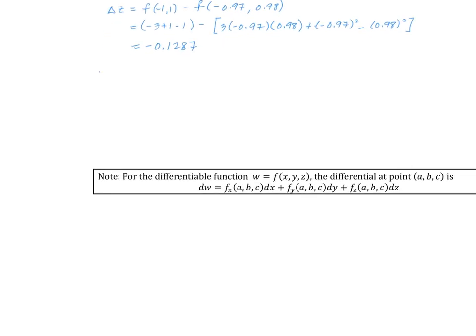So when we look at our relative error, it's the absolute value of -0.1287 minus a negative, so plus 0.13, divided by the actual, which is the -0.1287.